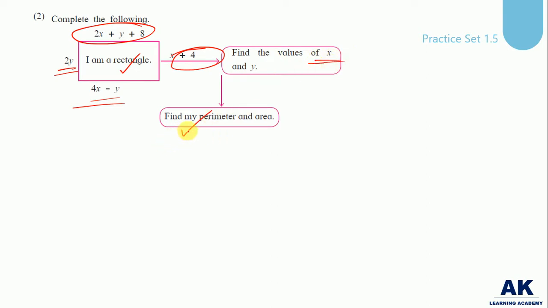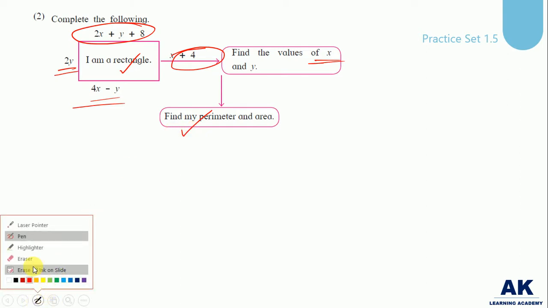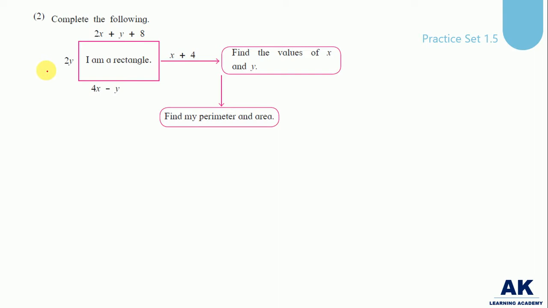Now we know that opposite sides of a rectangle are equal. That means this side and this side are equal, right? So the top and the bottom sides are equal, right?